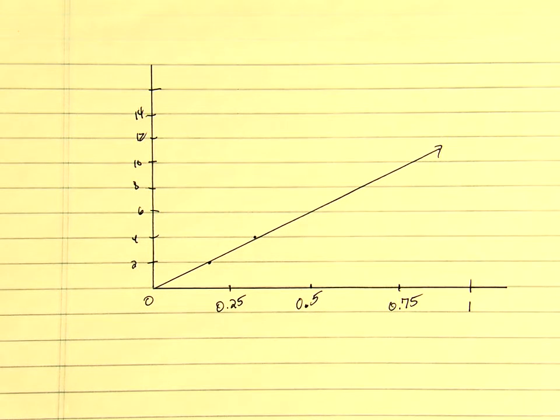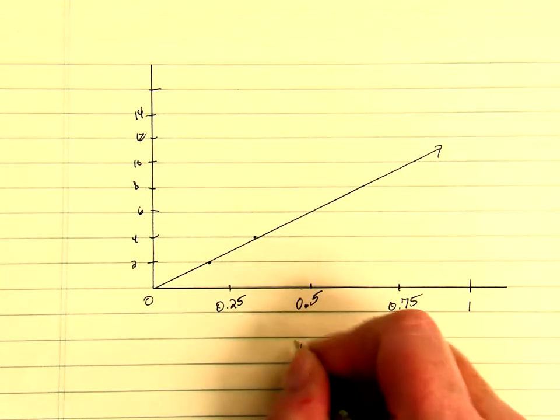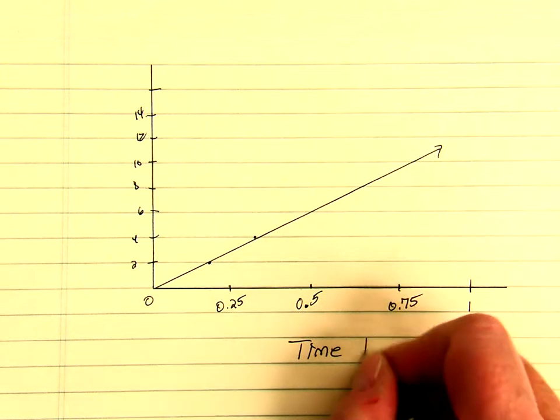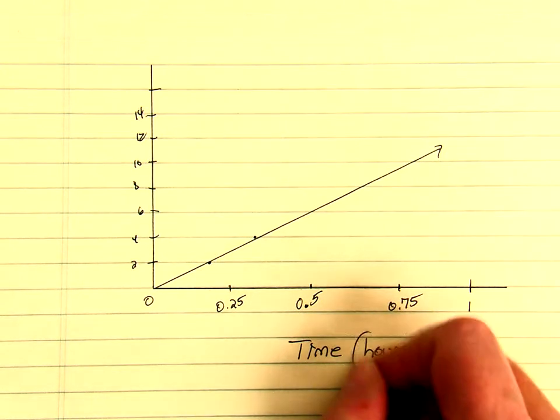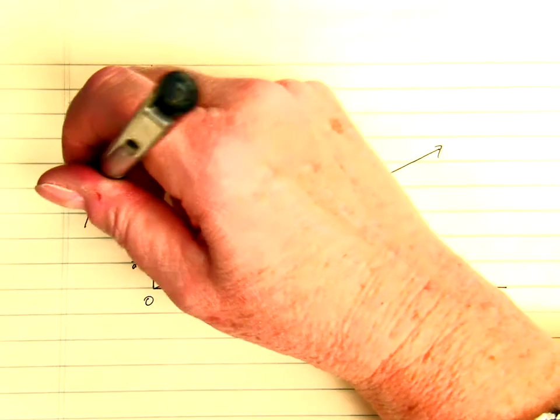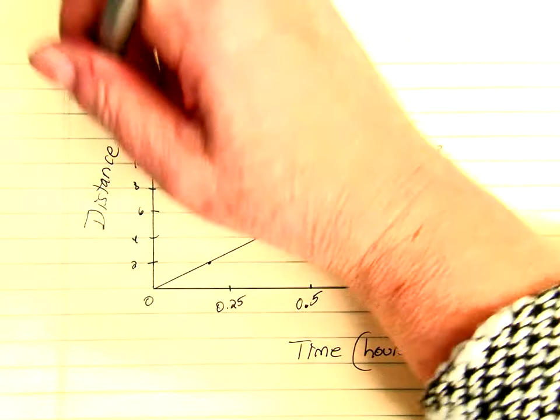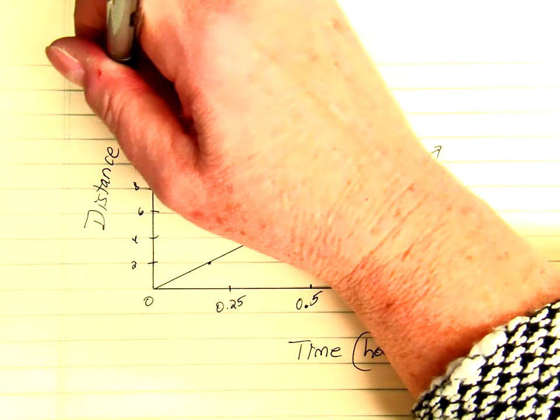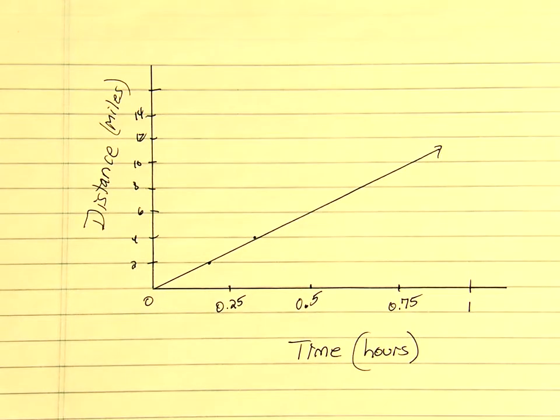So the question is, suppose you draw the following graph. This is time in hours down here, and distance here, and our distance is in miles. Okay, and suppose you drew the following graph to represent how far you ride your bike at a steady rate.